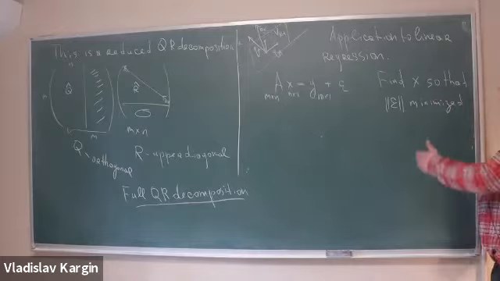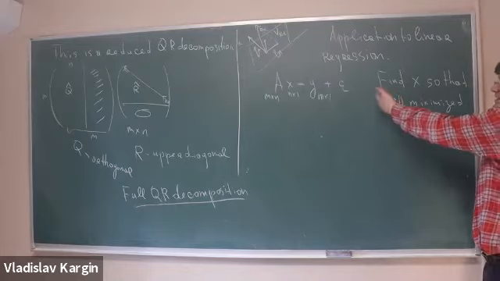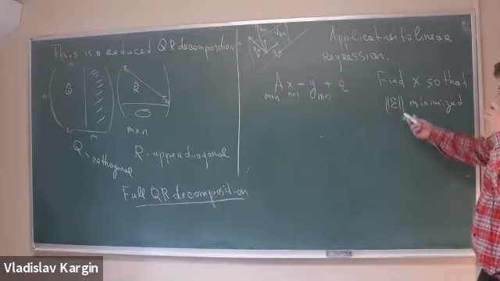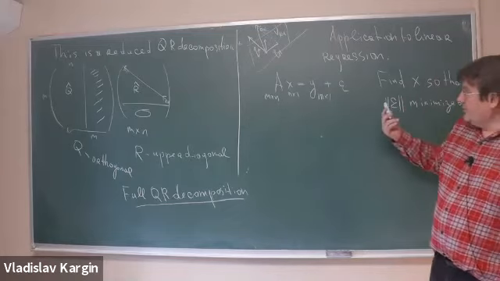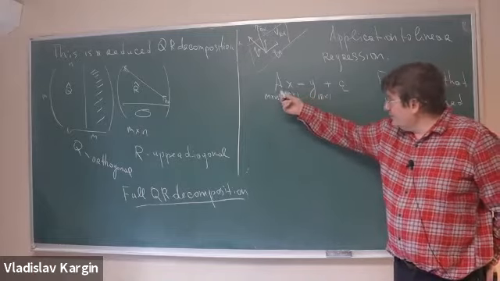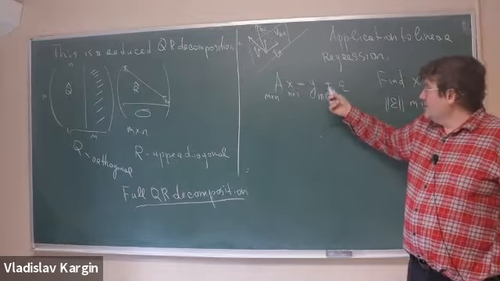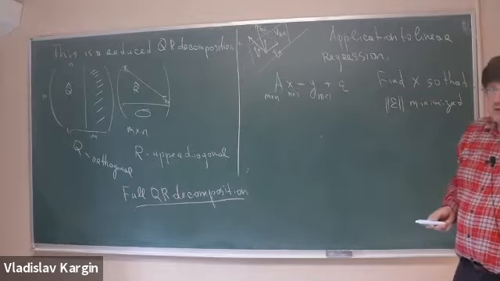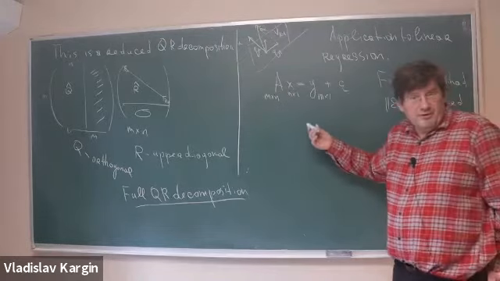So the sum of the squares of epsilon should be minimum. So you choose this x. What is known is A and Y. You choose x such that the sum of the squares is minimal. This was how it was formulated. After that we saw this is easy to solve.